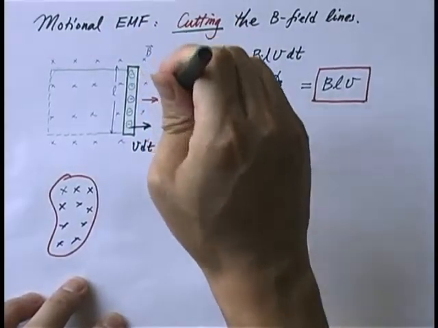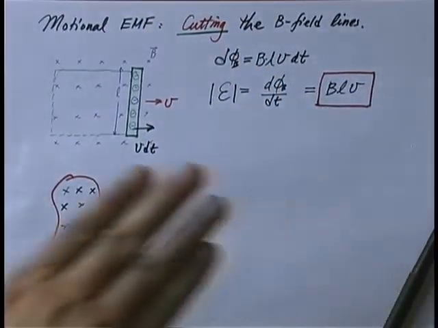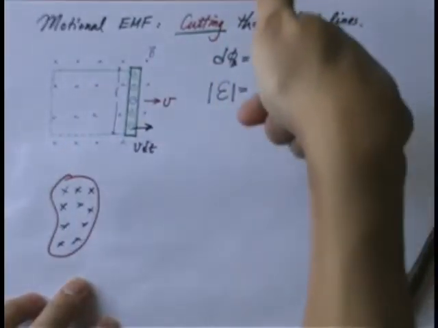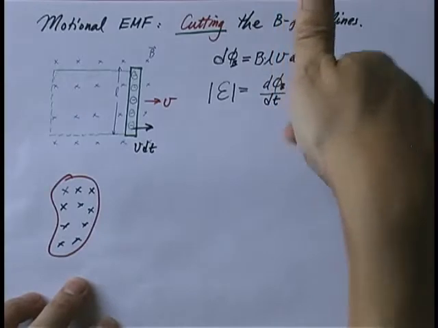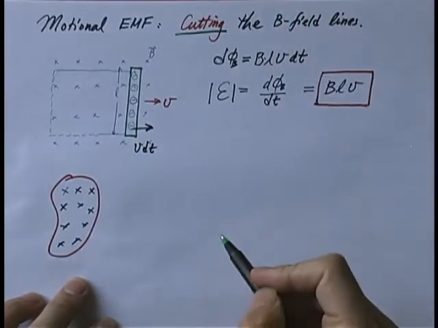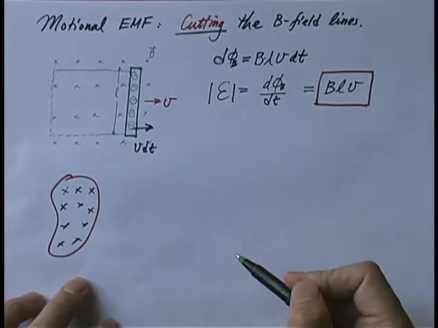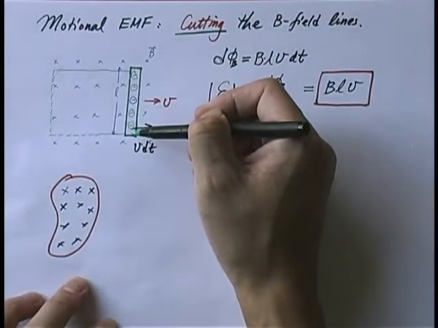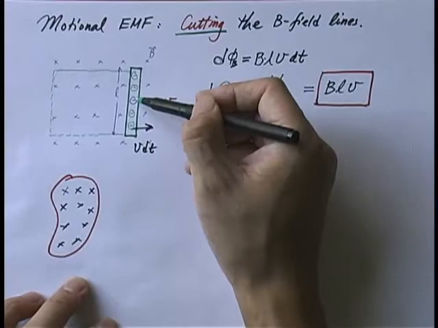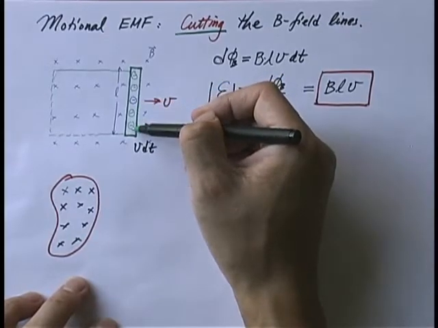B is into the paper in our case. So v cross B is up, right? But remember, q for an electron is negative, so the actual direction of the force is downwards. That means electrons will receive a force going downwards, okay?